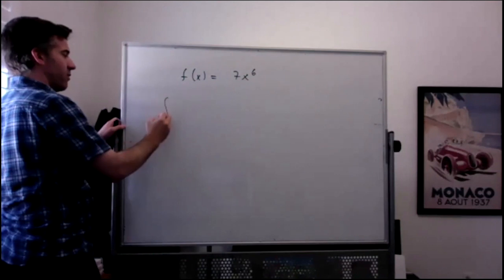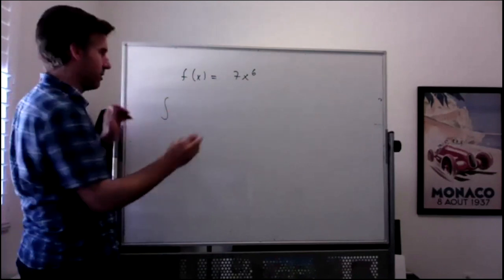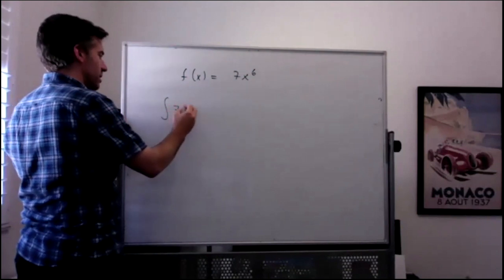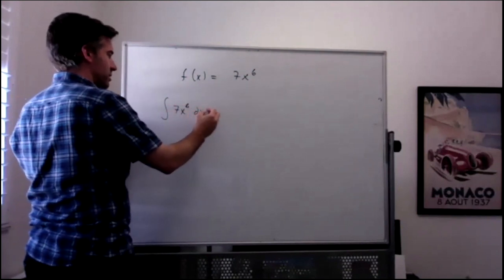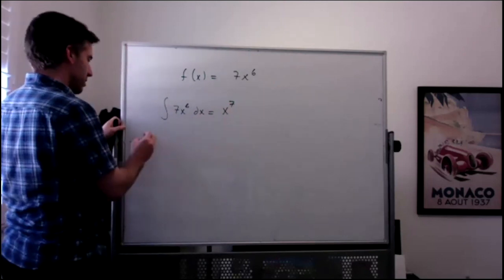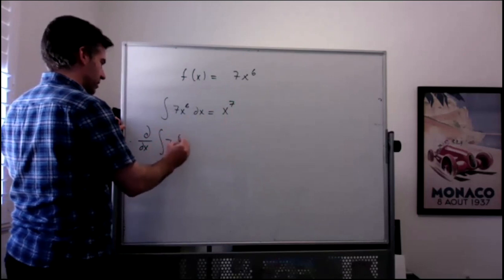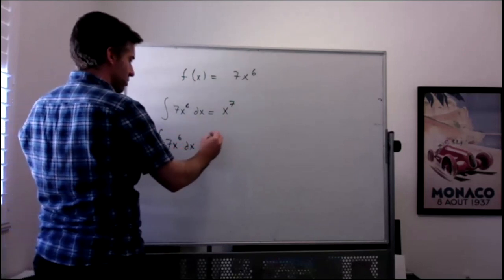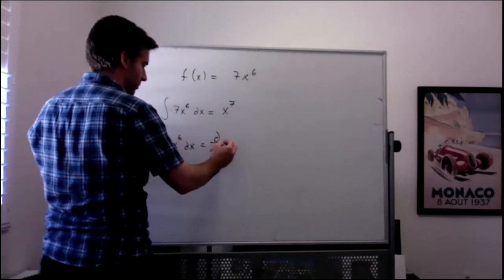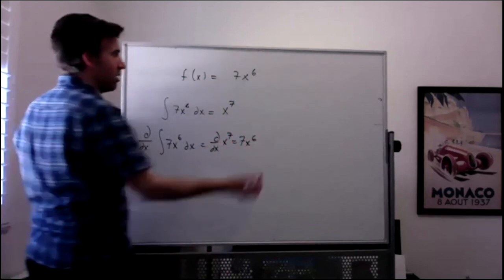If I antidifferentiate this, I'm just going to do an indefinite integral. The indefinite integral of 7x to the 6 is x to the 7th. And then the derivative of the integral of 7x to the 6 is the derivative of x to the 7th, which is what we started with, 7x to the 6th.